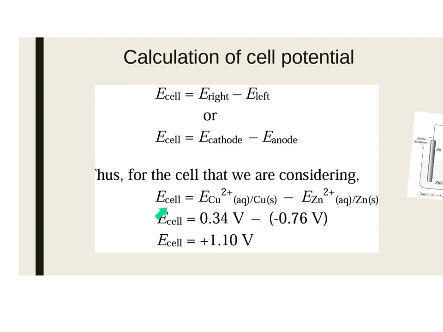So E cell is equal to 0.34 volt for copper 2 plus, and for zinc it is negative 0.76, so 0.34 take away negative 0.76 gives us plus 1.10 volts. So this is the cell potential value of the cell we discussed here.